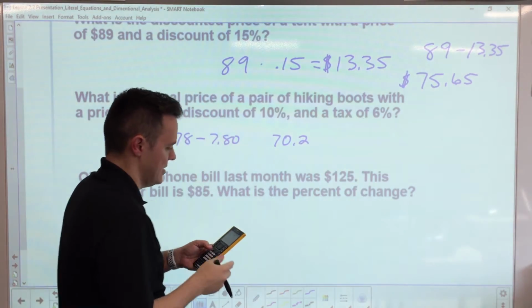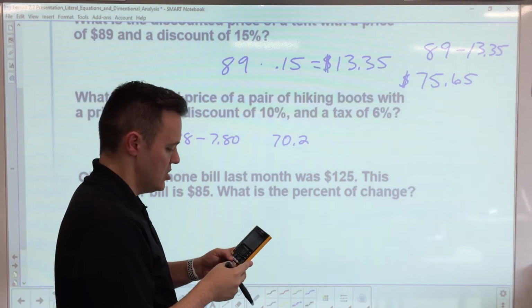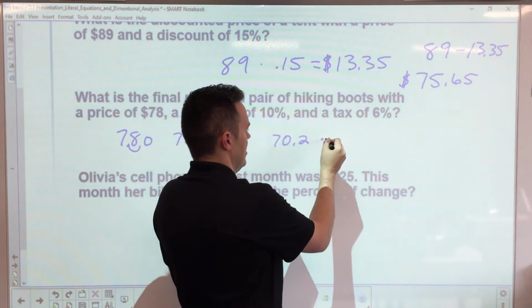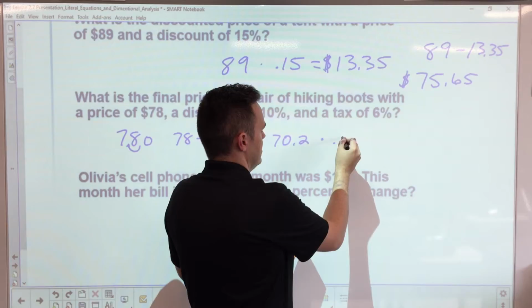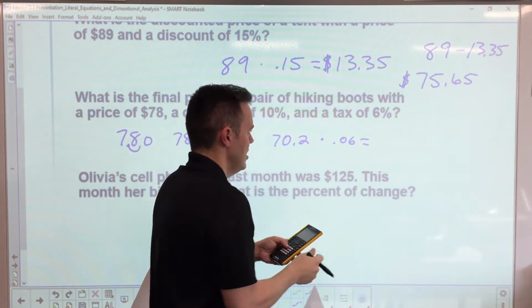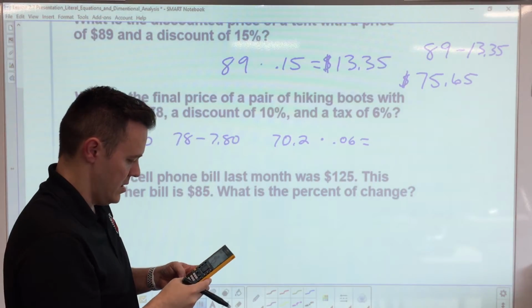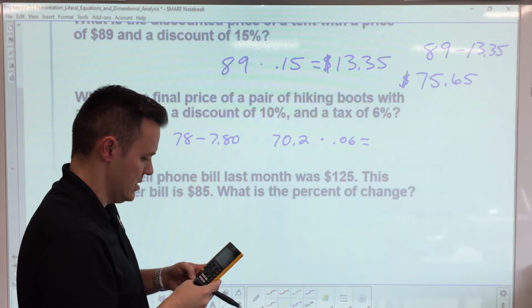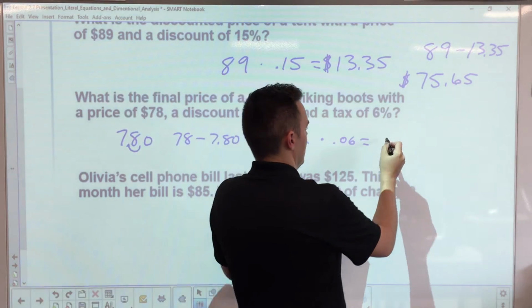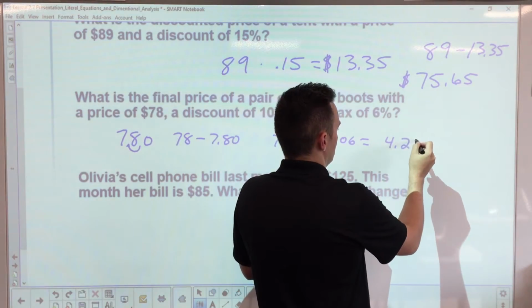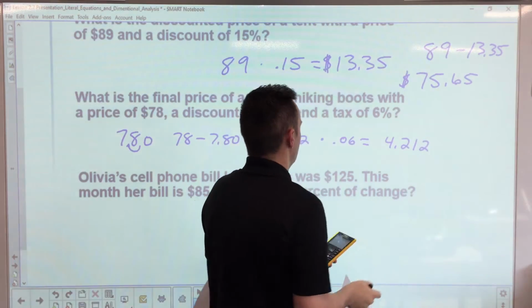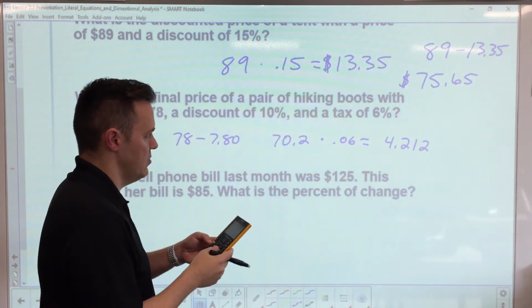Now I have a tax on top of it of 6%. So you'd multiply this number by 0.06. Okay? And when you do that, times 0.06, I come up with 4.21. Now it comes up with a 2, but it shouldn't affect it too much.